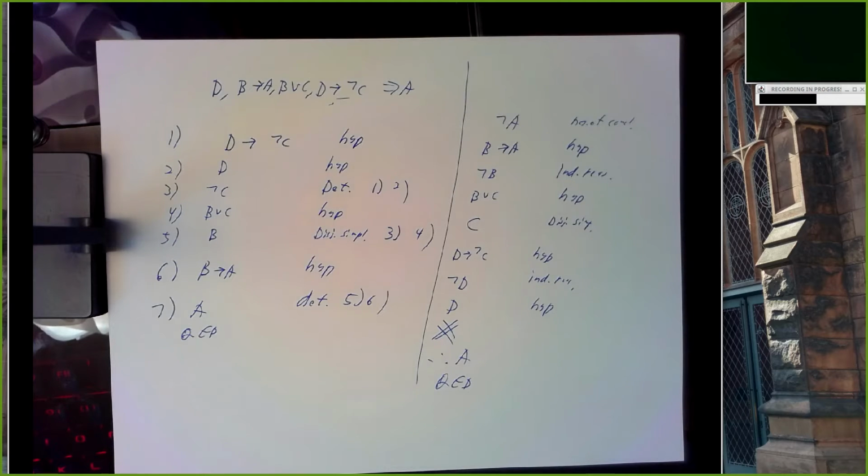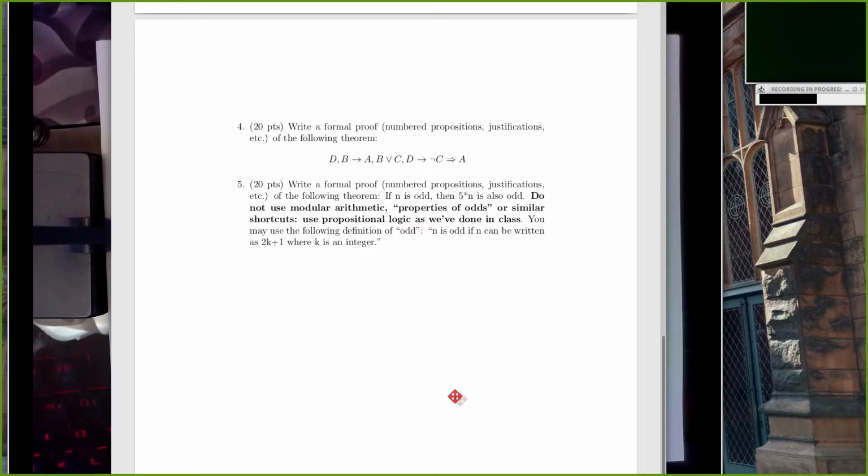All right, and then the last question was another proof, and this was a proof about evens and odds. The question was, if n is odd, let's prove that 5n is also odd. And this is one of those cases where we've got to be really clear what direction we're moving.